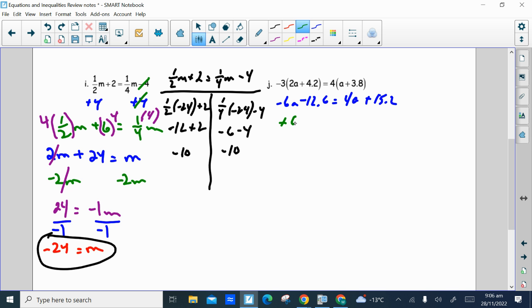So I will add 6a to both sides. On the left side, negative 6a plus a cancels. And on the right side, 4a plus 6a gives us 10a's.